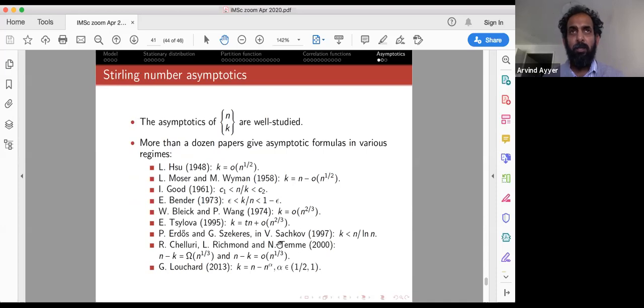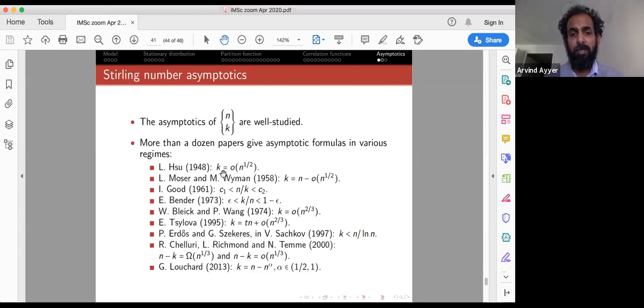And it's quite incredible how much has been studied on asymptotics formulas for Stirling numbers. I mean, you consider n set k, and for each regime there's a different paper, and so you can see over decades the range and the different cases.